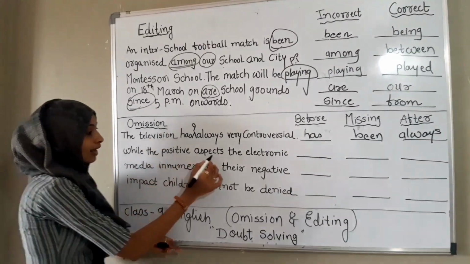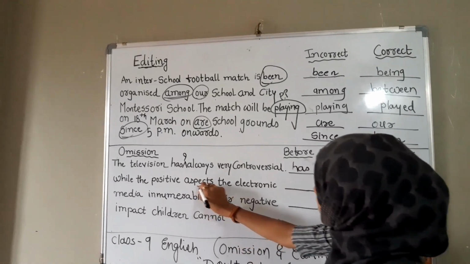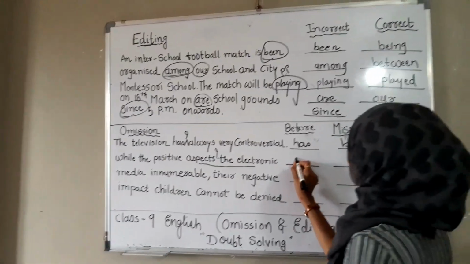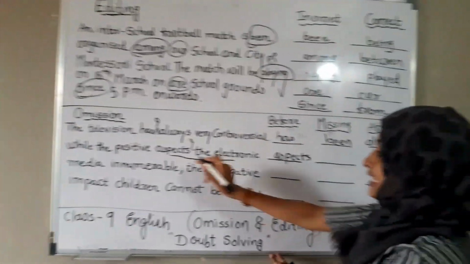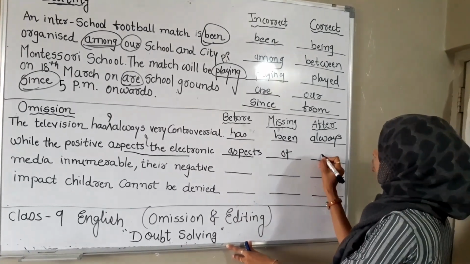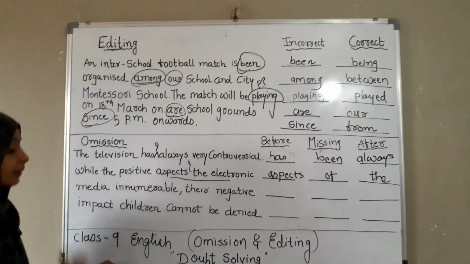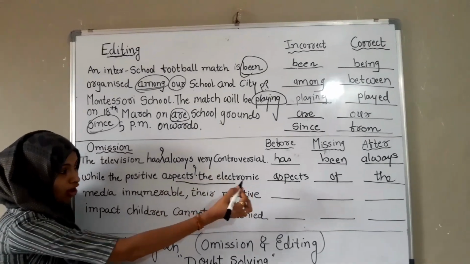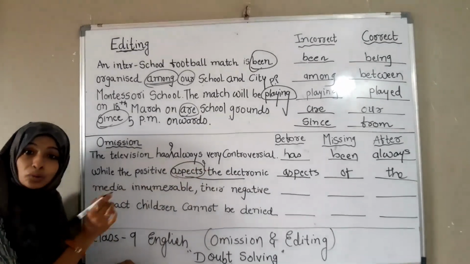While the positive aspects, the electronic, here one word is missing. Aspects of the electronic media innumerable. See, while the positive aspects of the electronic media, now here aspects are plural.